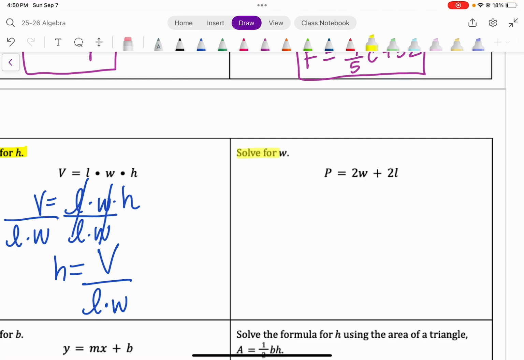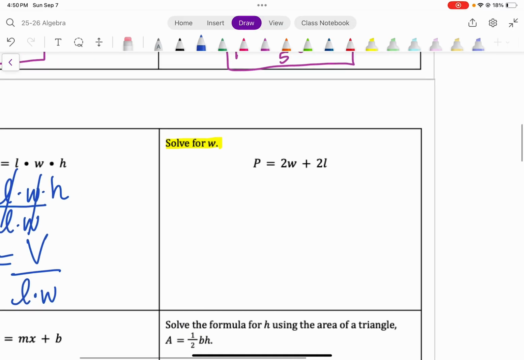Now this next example wants us to solve for W. So this is the perimeter of a rectangular shape. 2W plus 2L equals the perimeter. So the first thing we're going to do, since the W is living in this term, we have to move the other term to the other side. So we're going to subtract 2L from each side.